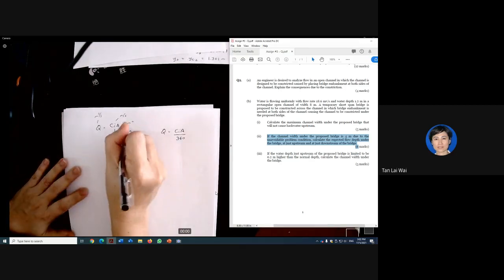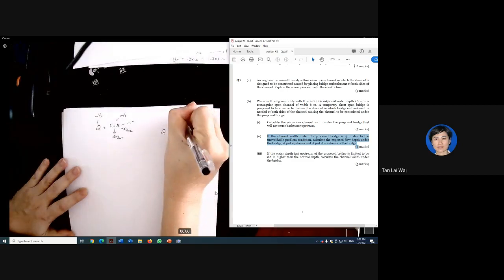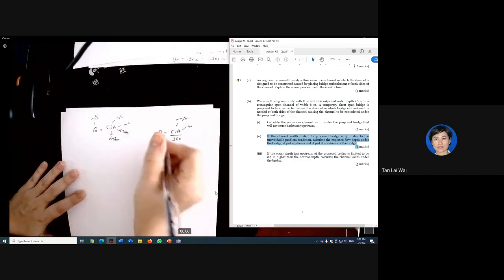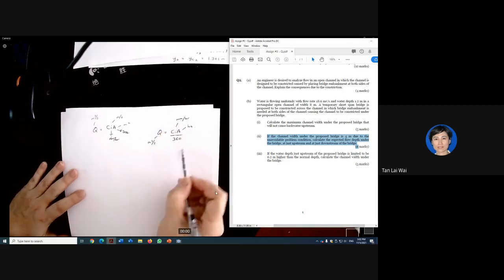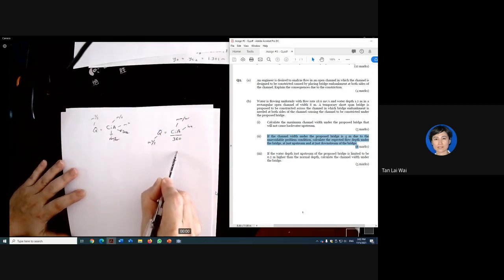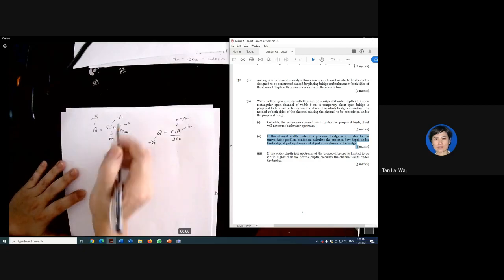Since you are using hectare and millimeter per hour, this gives you meter cubed per second if you divide it by 360. But if you are using I in meter per second and A in meter squared, you don't need to divide by 360.